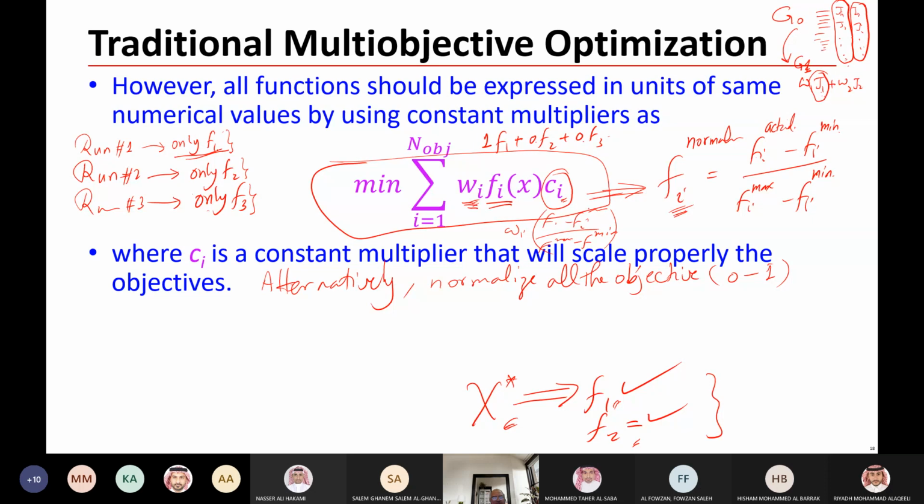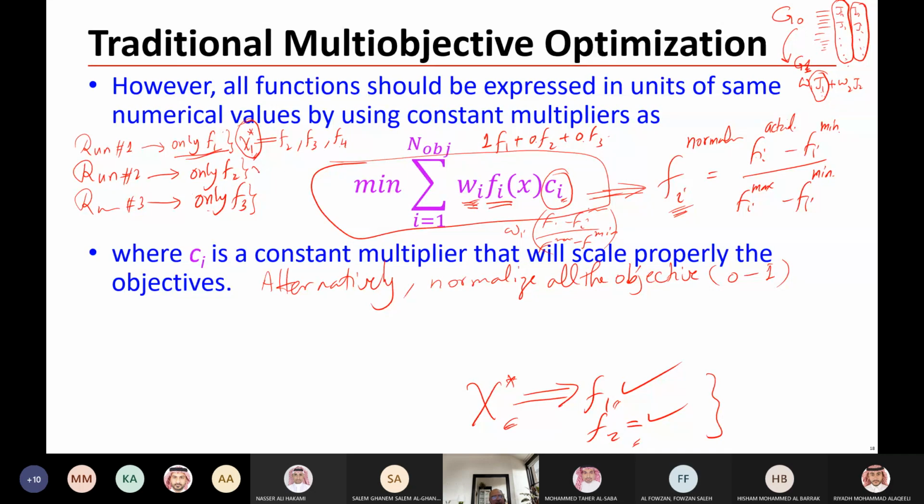After solving this, you have a solution X1. You take this solution and find F2, F3, F4, whatever the objectives are. This solution gives you the minimum value of F1, but if you have conflicting objectives, it will be the worst for F2. You can calculate F2 and F3 without optimization. At the end of the optimization, you take the optimal solution and find the corresponding values of F2 and F3.